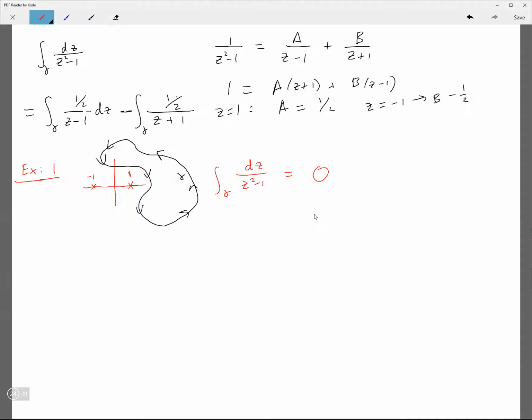Yes, that's going to be 0. Good. Okay, now, example 2. What if gamma is over here? So gamma goes around the 1, but doesn't go around the -1.